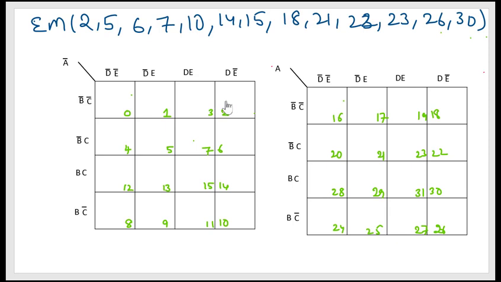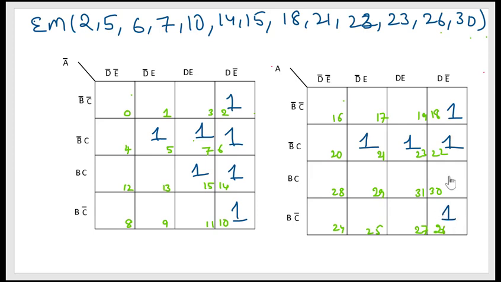So if you look here, this 2 is 1, then 5, 6, 7, 14, 15, 10, then 18, 21, 22, 23, then 26, then 30. So these are the minterms for which output is 1. Now we'll see the remaining are all zeros.